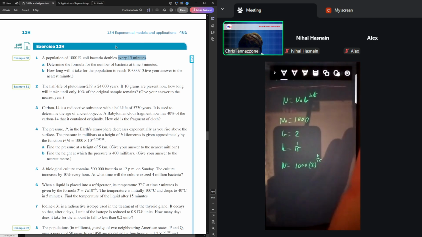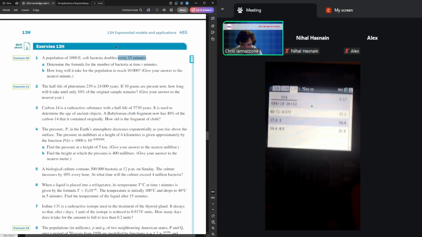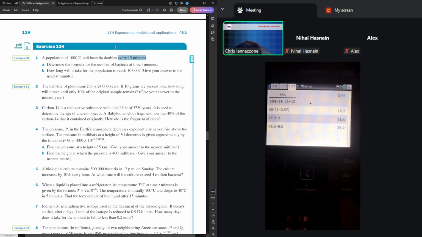This being CAS, we want to validate it. Do we in fact get the behavior that we were expecting? We can achieve that. The function is equal to 1,000 times 2 to the power of x over 15.